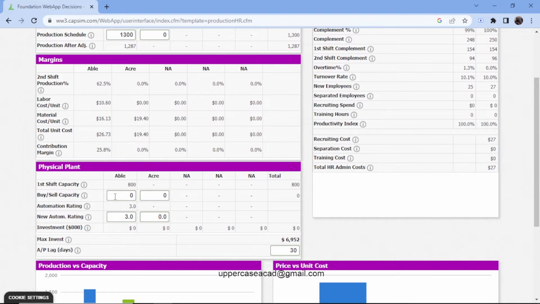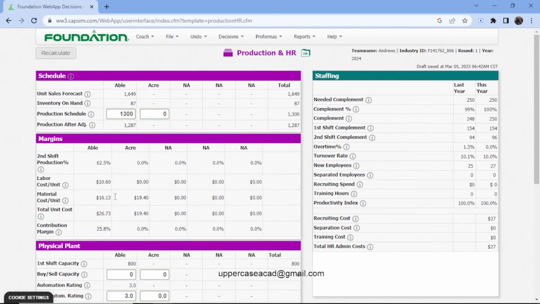The third is the automation rating. Because I want to produce more products, it's better to have some inventory rather than stocking out, because if you stock out, you are losing your customers, and I don't want to lose any more customers.